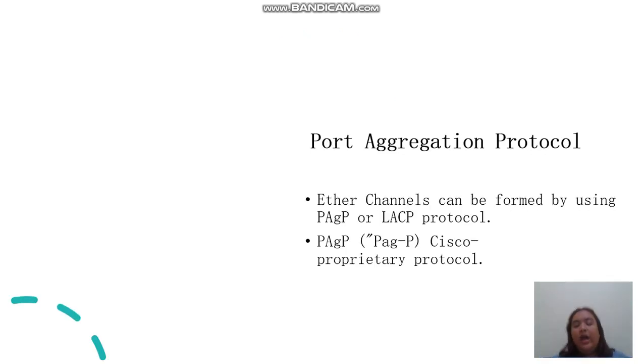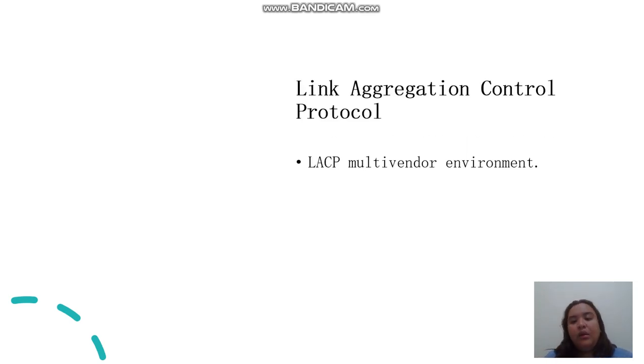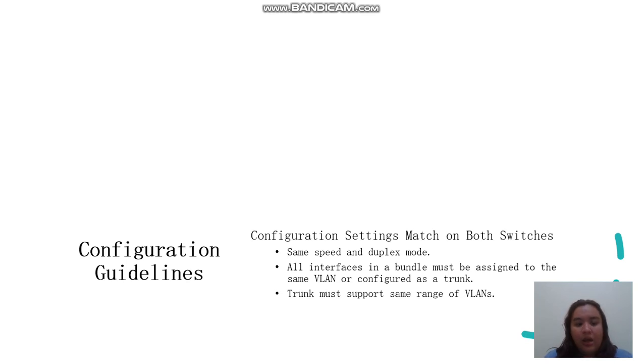So port aggregation protocols: each EtherChannel can be formed using the PAgP or LACP protocol. PAgP is a Cisco proprietary protocol. LACP, the Link Aggregation Control Protocol, is for multi-vendor environments.